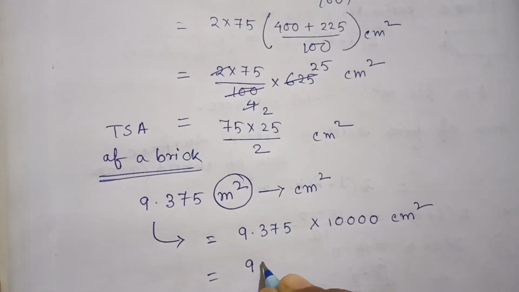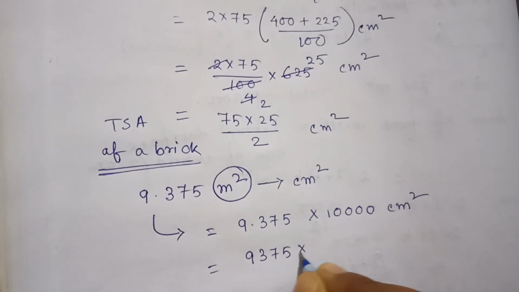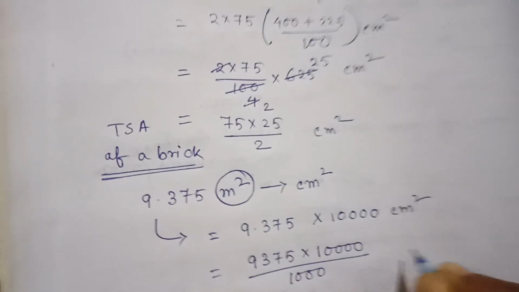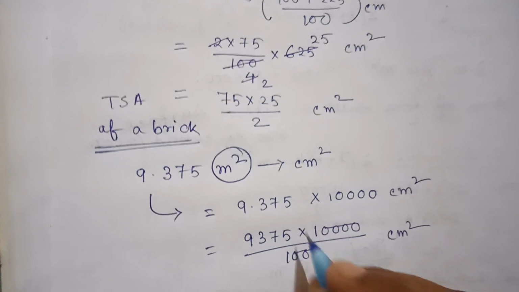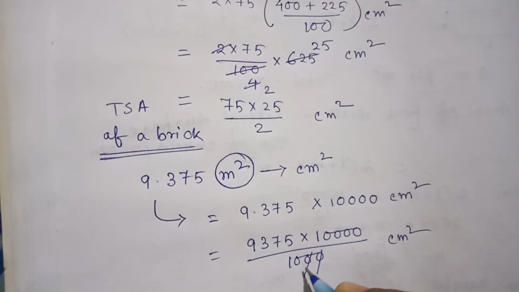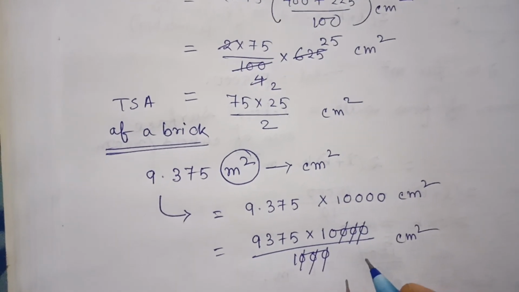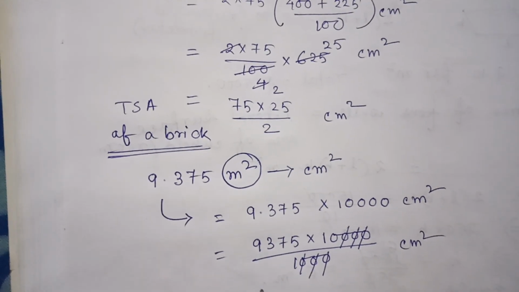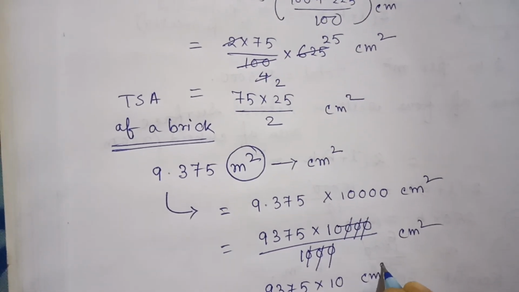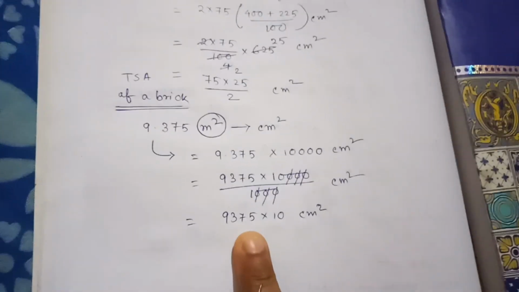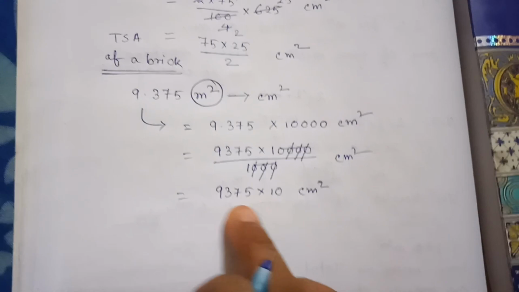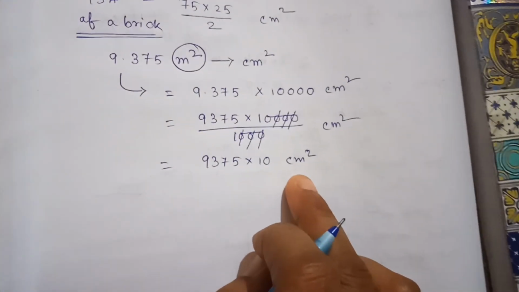Now this is equal to 9375 into 10,000 divided by 1000 centimeters square. I have just broken this decimal into a fraction. So we have these three zeros to be cancelled. So we are getting 9375 into 10 centimeters square. This is the area which the container's paint can paint.